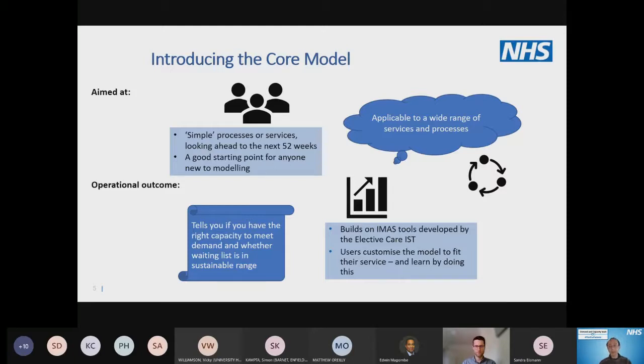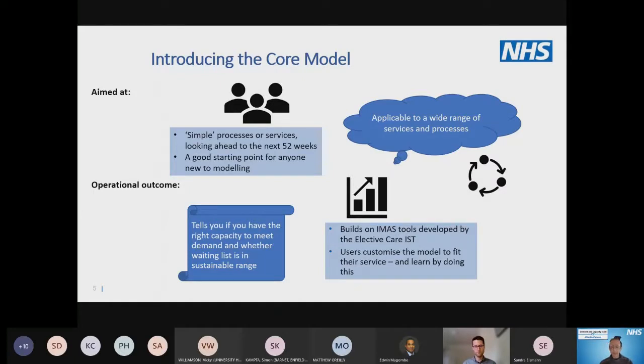They were developed by the Electric Care Improvement Support Team, and they covered, I think, 6 different types of interventions. So you had, for example, diagnostics, inpatients, 2-week wait services, and all sorts of things like that. Basically, we've combined them into one thing for the core model.